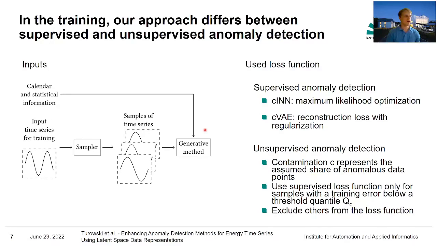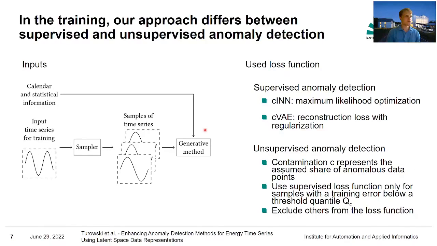So we want to exclude basically all anomalous data points when learning the mapping in an unsupervised context. With this approach, we exclude all other samples from the loss function.